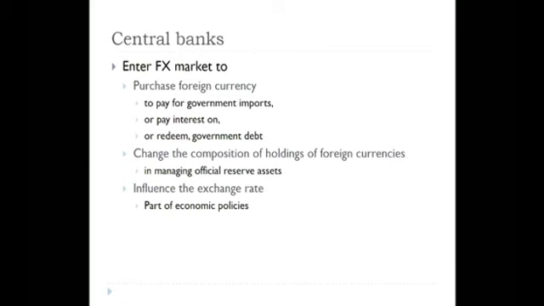All right. Central banks enter into the market for a number of different reasons. They purchase foreign currency to pay for imports, and they also seek to pay interest or redeem government-related debt. They also engage with markets for, again, for lack of a better description, a number of compliance-related reasons as well.